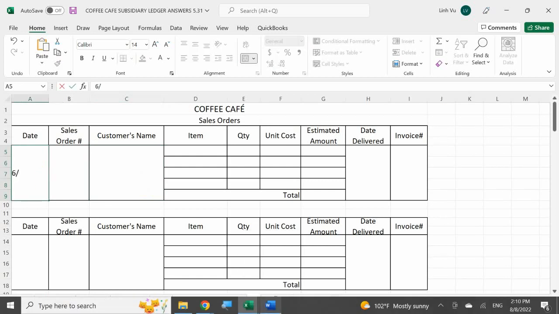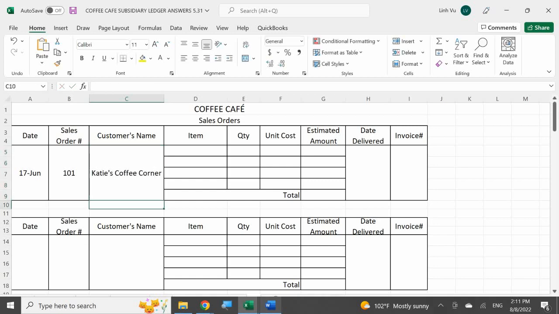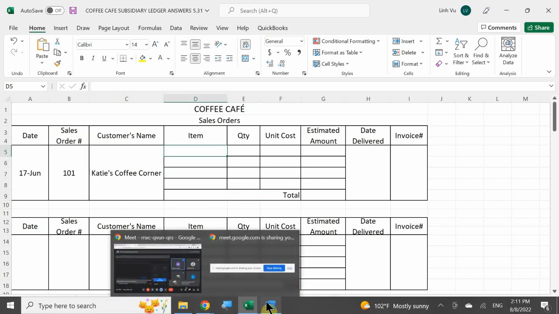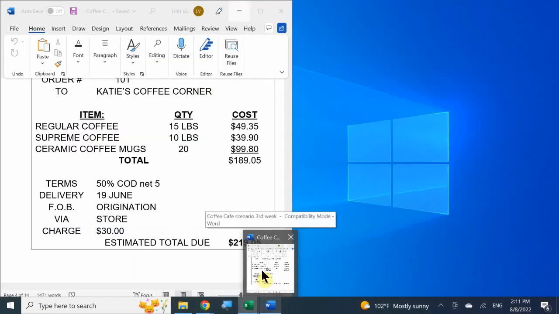Today is the 17th. Sales order number 101, and then the customer's name. We have Miss Katie's Coffee Corner. And what items did she purchase from us? Well, let's take a look. She purchased 15 pounds of regular coffee and 10 pounds of Supreme coffee with 20 coffee mugs.